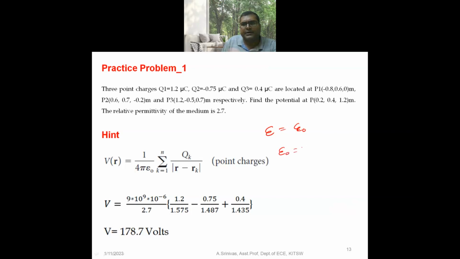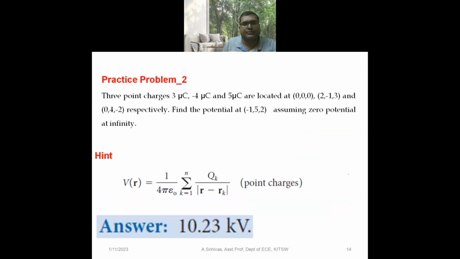It is equal to 8.854 into 10 power minus 12 farad per meter, or 1 by 4 pi epsilon naught. In general, it is considered as 9 into 10 power 9. Refer to practice problem 2.